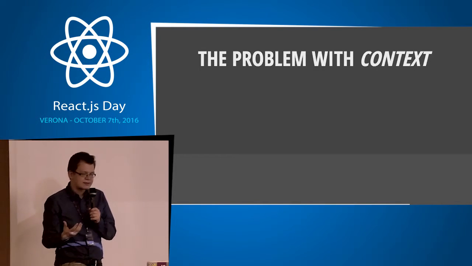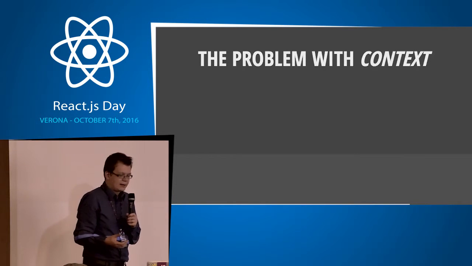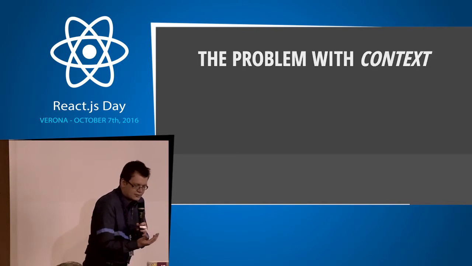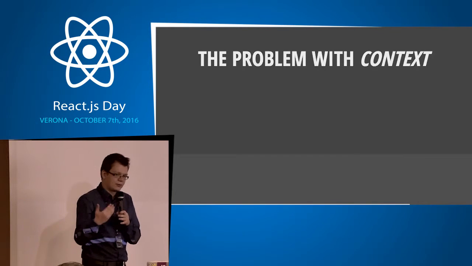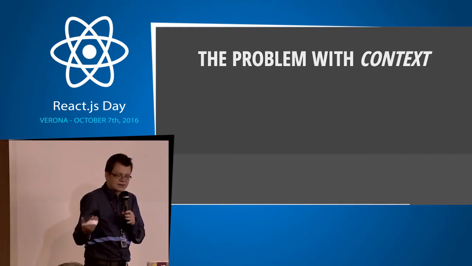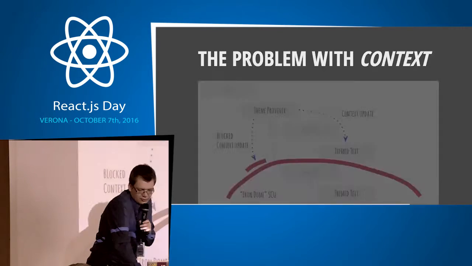All right, so I mentioned context earlier, and there is unfortunately a problem when using context. The solution from Airbnb also under the hood uses context to pass in the styling for themes to the component that it binds through the higher order component.